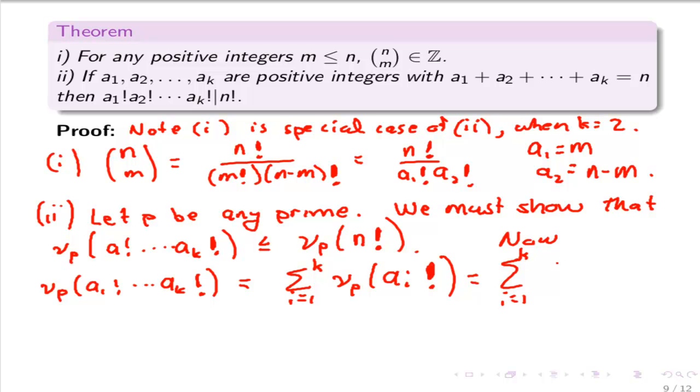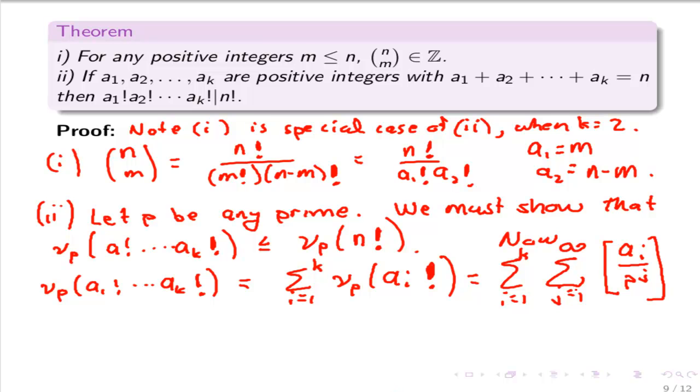So nu p of ai factorial is the sum, and I better use a j right now, of the bracket ai over p to the j. So that's the multiplicity of p dividing ai factorial.